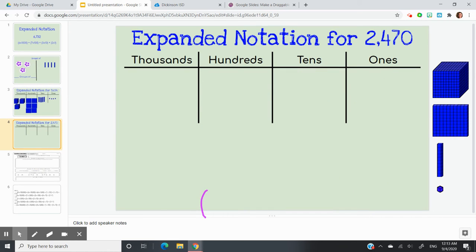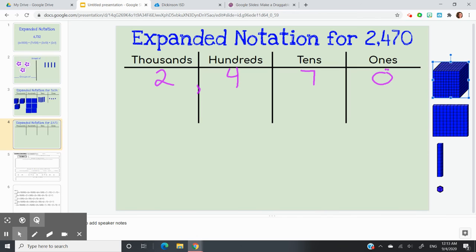Now, friends, for my next example, I have here 2,470. Okay, so the first thing I'm going to do is make sure I put it in my place value chart. So I have 2 thousands, 4 hundreds, 7 tens, and 0 ones. Okay, and then I'm going to go ahead and model how that would look with my base 10 blocks.